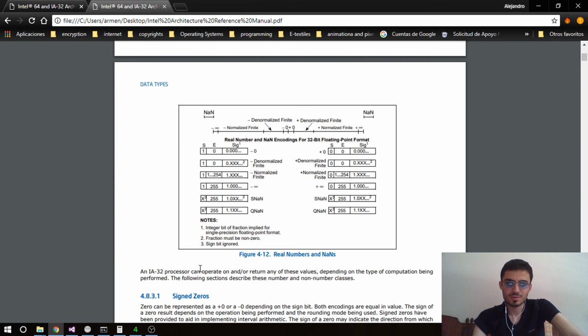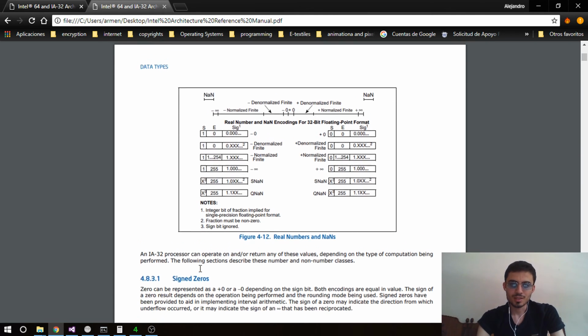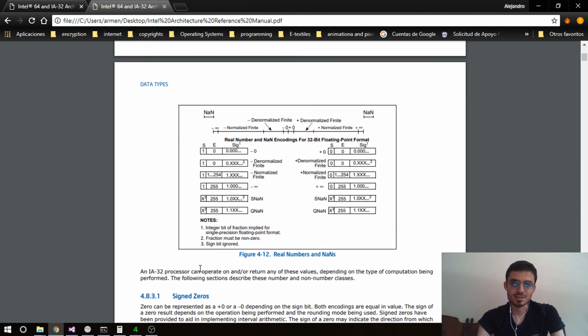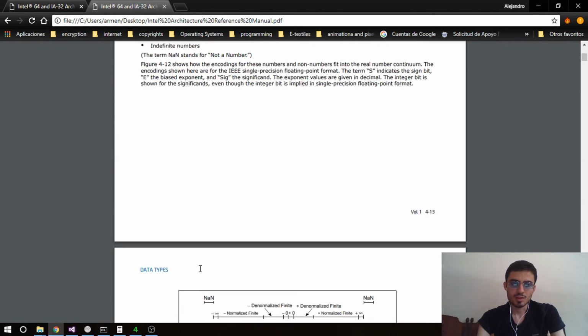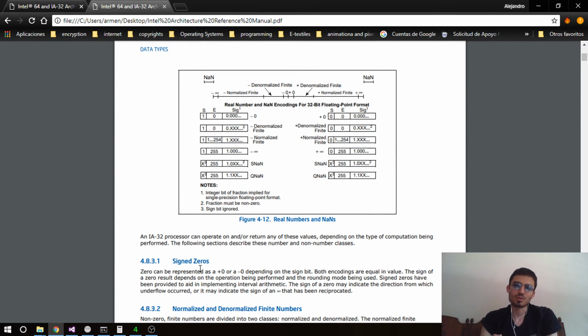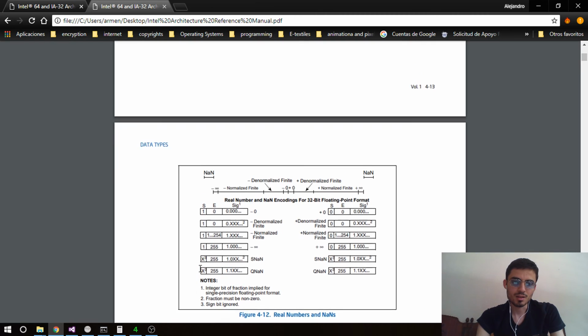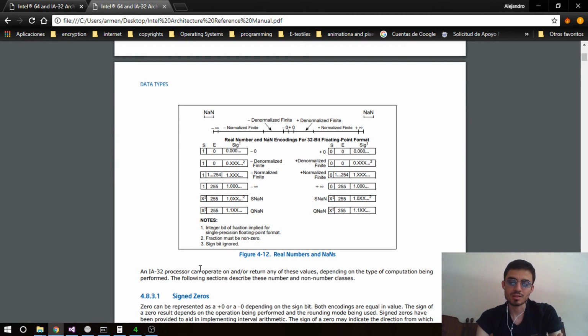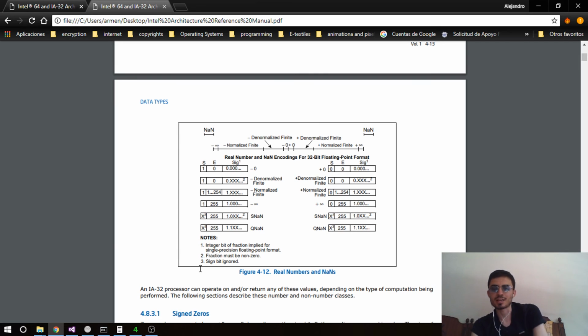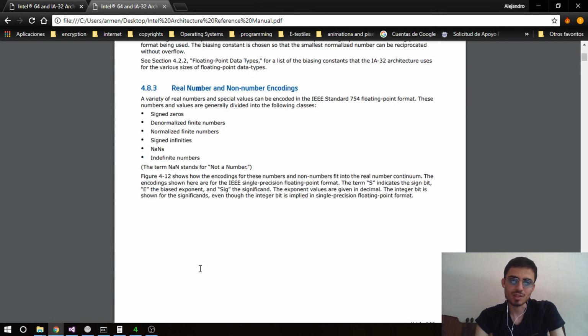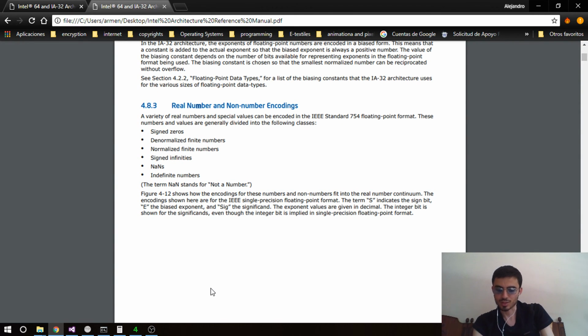Okay, so I think we will continue with this on the next stream, so we can take a look at the NaNs and stuff like that, which, even though it's not something we normally work on, it's something that we have to represent. We have to understand these values because they are essential for working on the IA-32 architecture.